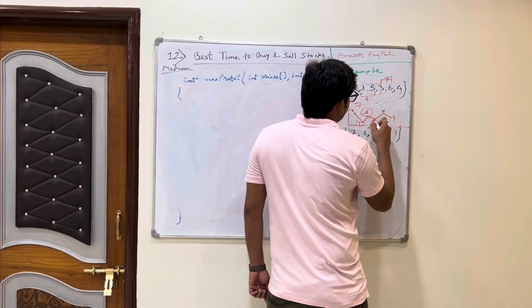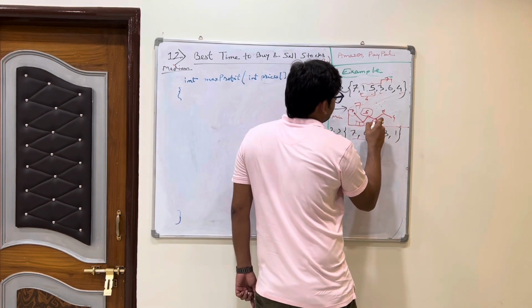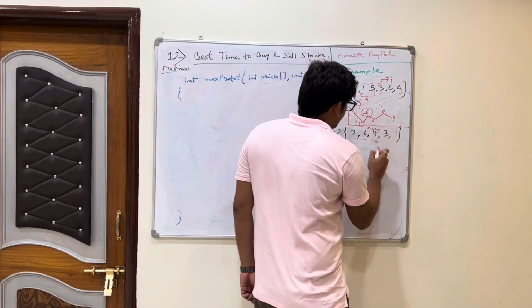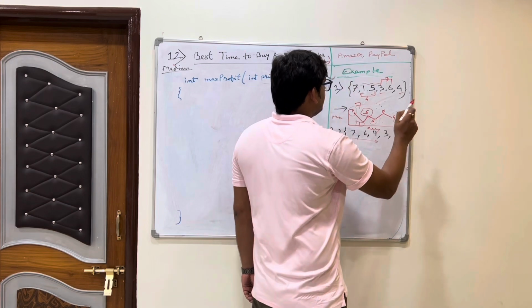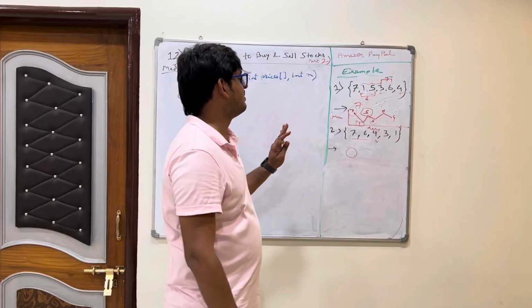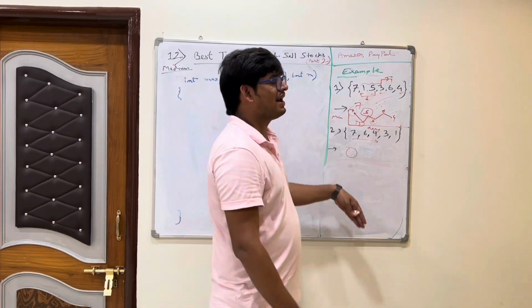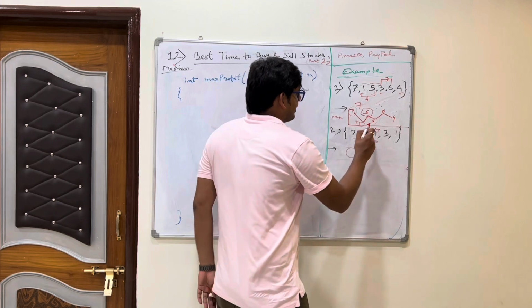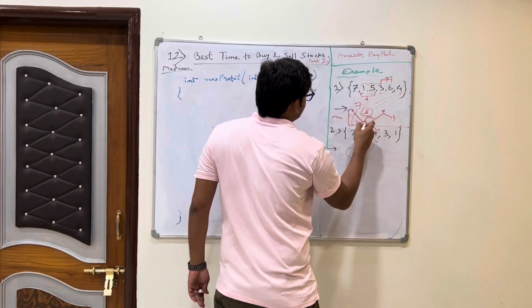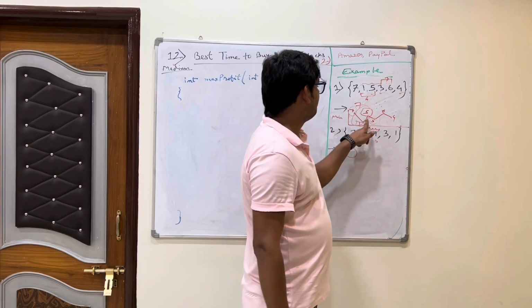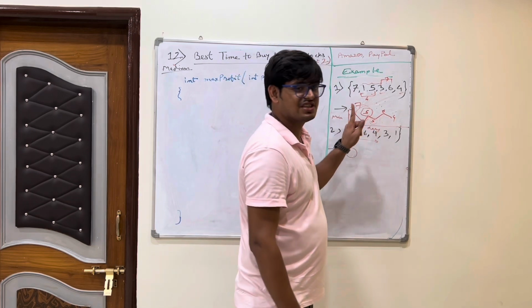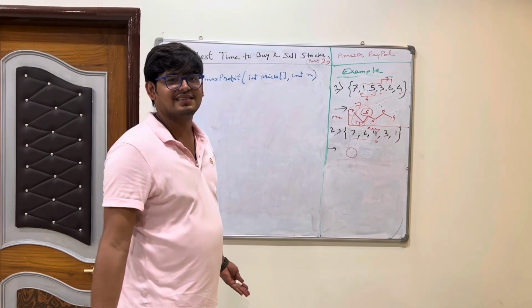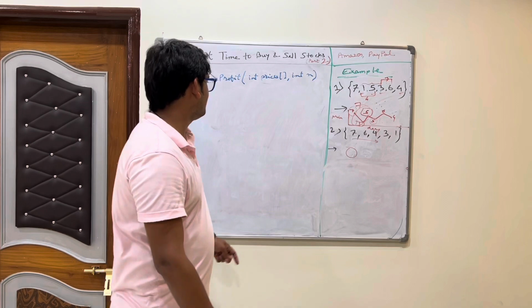Here we are taking the local minima every time, and we will be selling whenever we get the maximum, because we can buy again at that point of time, then sell again at the next maximum. So what are we observing? That we are going to make the transaction only when the current value of the share is greater than the previous value, right? That is the simple logic. Let's code it.